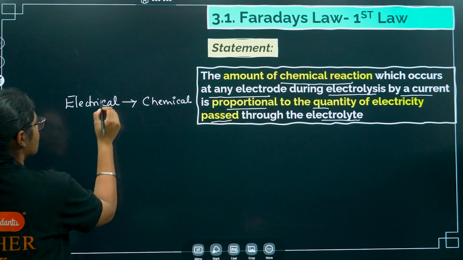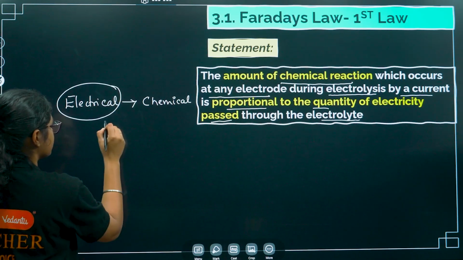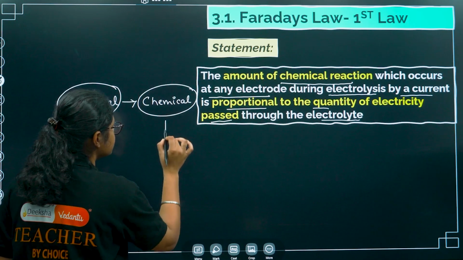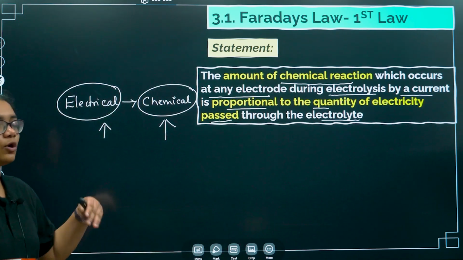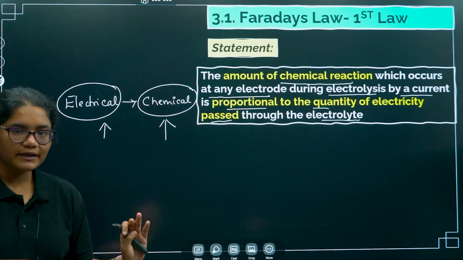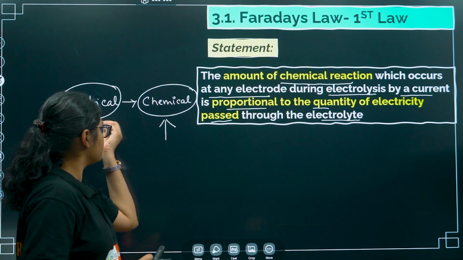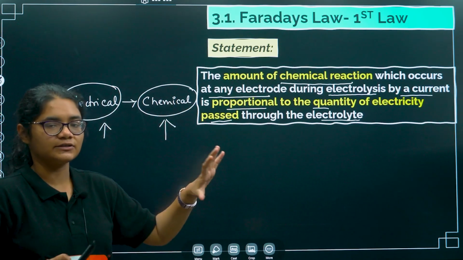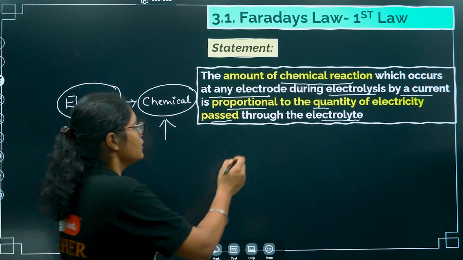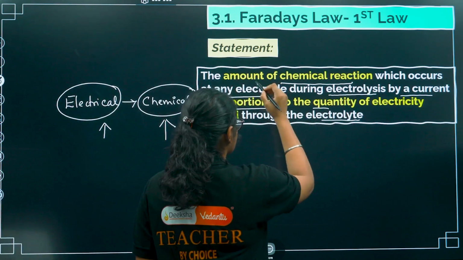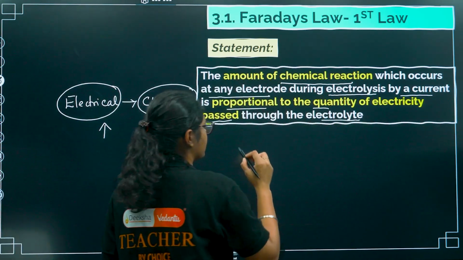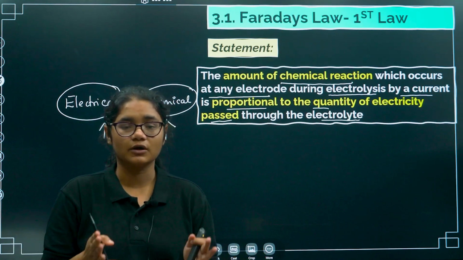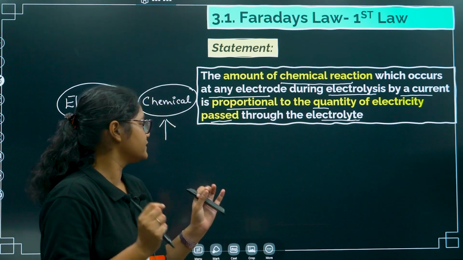That if more electrical energy is given, the chemical reaction that will take place will also be more. Simply, whatever quantity of electricity you are providing, that much chemical reaction will take place. The amount of chemical reaction is proportional to the quantity of electricity passed.